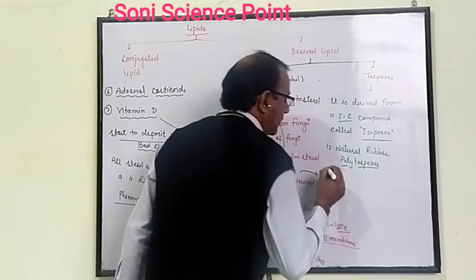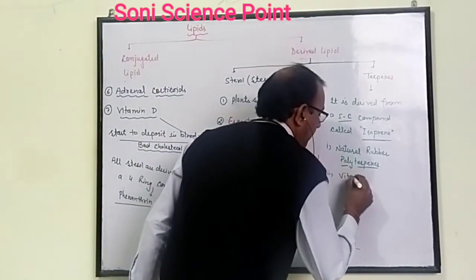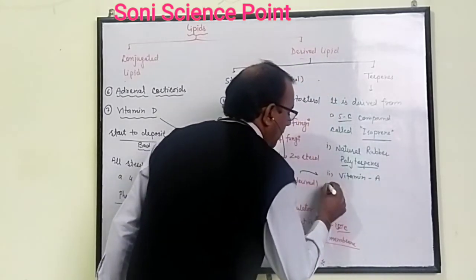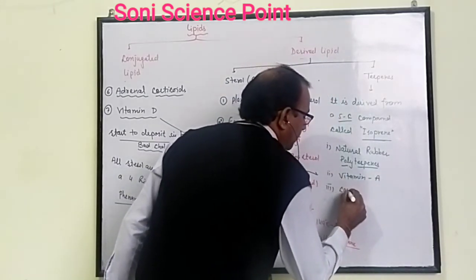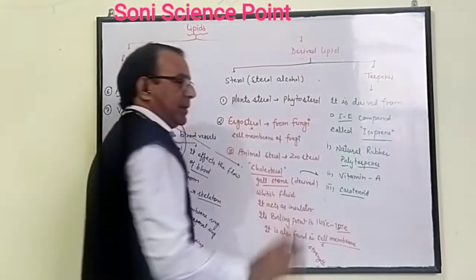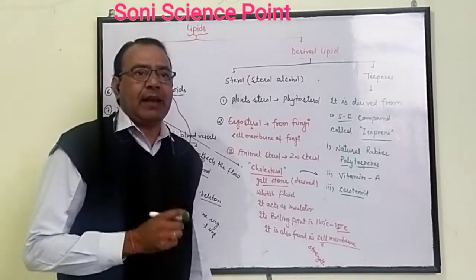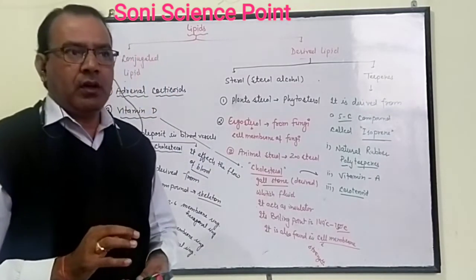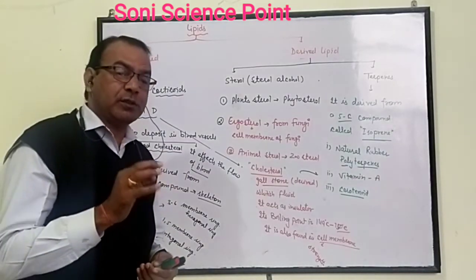Another is vitamin A. Carotenoid, the pigment, is also derived from terpenes. The main characteristic of terpenes is that it imparts a special odor.